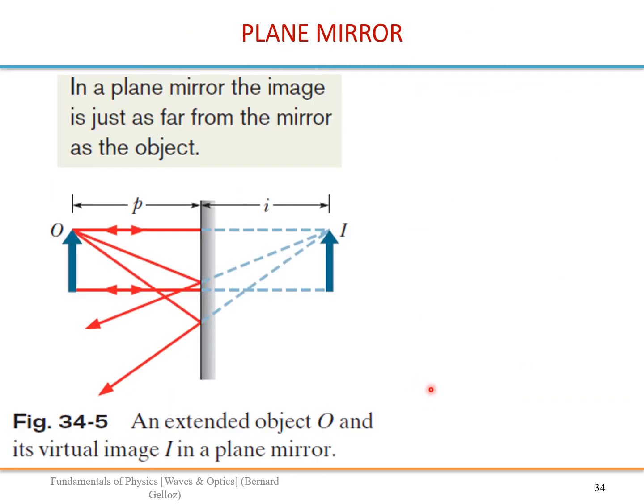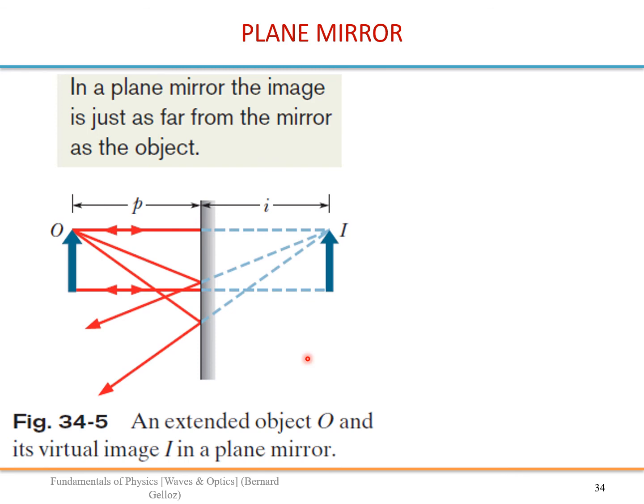So it is interesting to check the formula with a plane mirror, because this is the case of a plane mirror. In fact, a plane mirror can be regarded as being a spherical mirror, but with a radius of curvature that is infinite. All right.